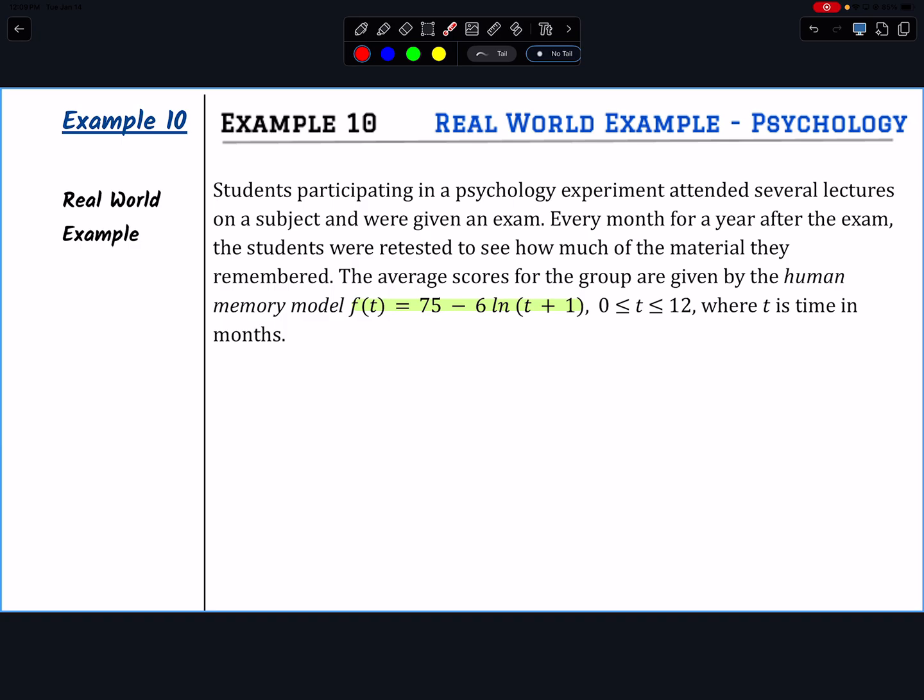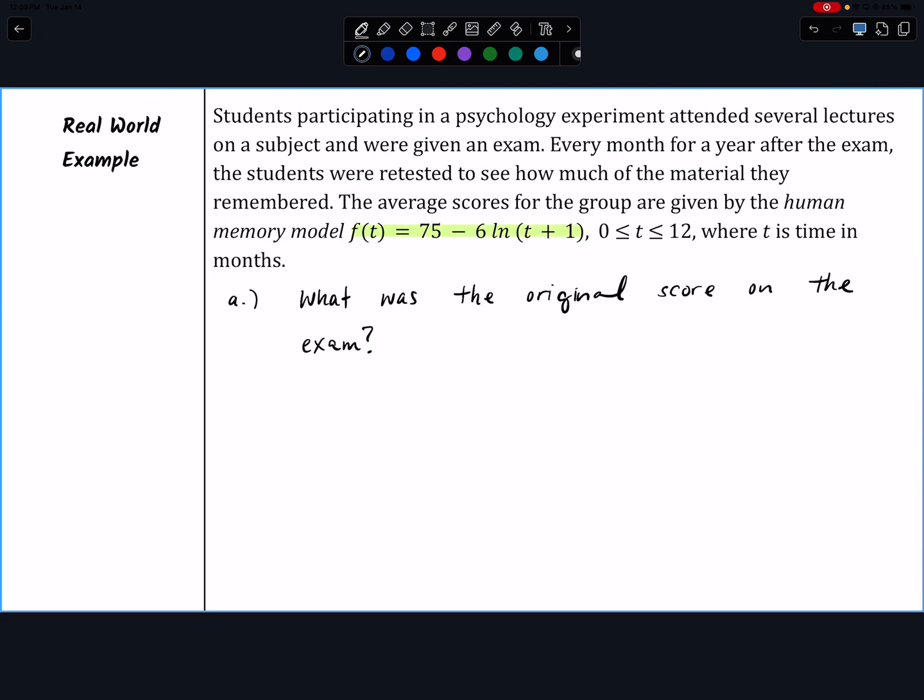Okay? So for part A, what was the original score on the exam? If we're talking about time, how much time has passed if we're trying to find the original score? 0, right?